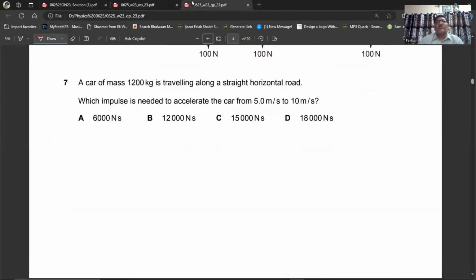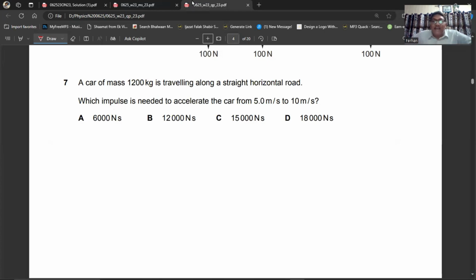Okay. Now we are on question number 7. He says a car of mass 1200 kg is traveling along a straight horizontal road. Which impulse is needed to accelerate the car from 5 meter per second to 10 meter per second? You see, the impulse is change in momentum. There are two formulae for the impulse.